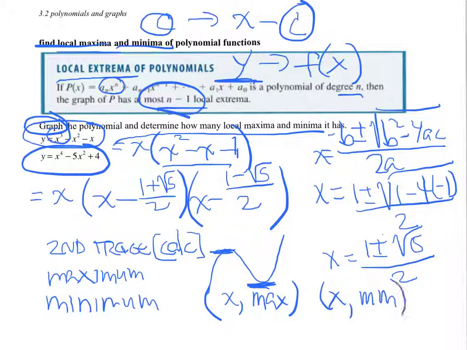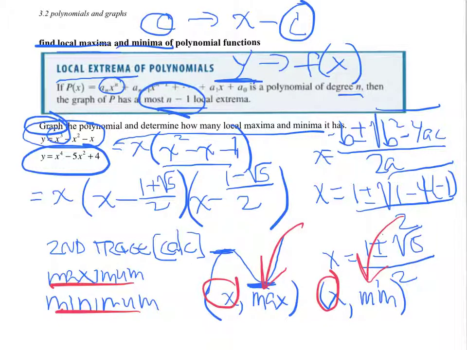The min and the max are the y values. So the most common error is when students are asked what's the maximum or what's the minimum, they report the value of x because we're accustomed to solving for x. Maybe that's why, I don't know. But if you're asked what's the maximum or what's the minimum, that means you're supposed to tell me the y value, not the x value.